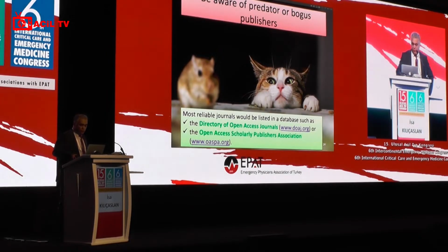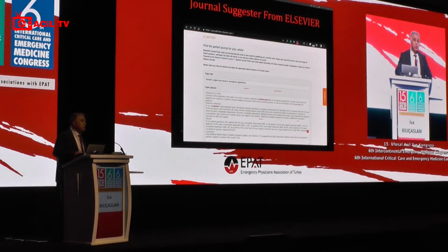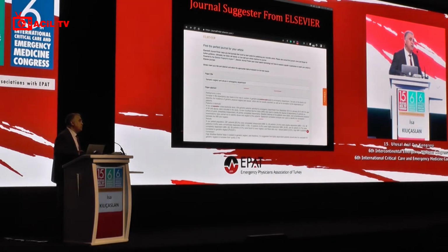Also, we have two more journal suggestions to find the right journal for your articles. The first one and most popular one is from Elsevier. When you go to the Elsevier website, you can easily find this web page, a journal finder, here.